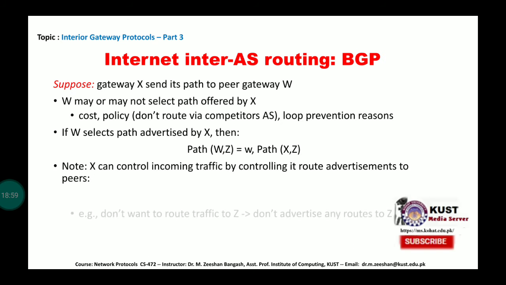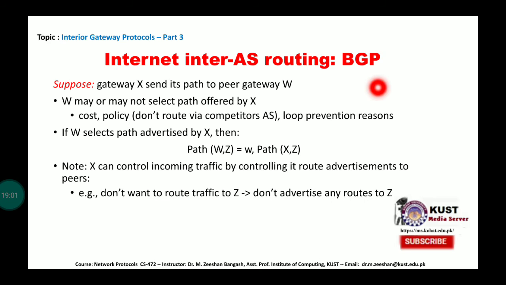Now note that X can control incoming traffic by controlling its route advertisement to the peer. For example, if you don't want to route traffic to Z, we need not advertise any routes to Z. So this is basically the control that can be managed for limiting the traffic coming from or forwarded to a particular autonomous system.